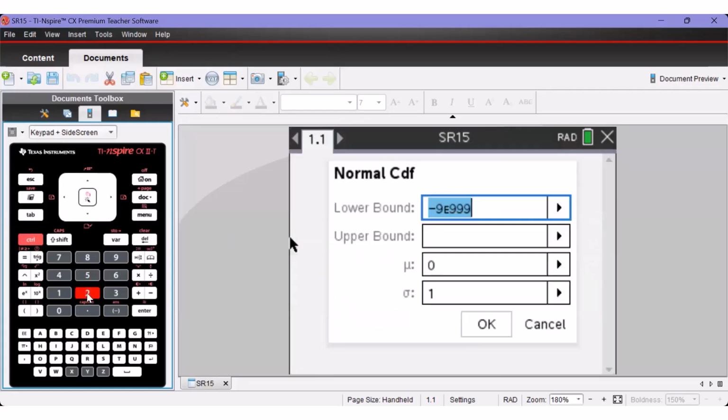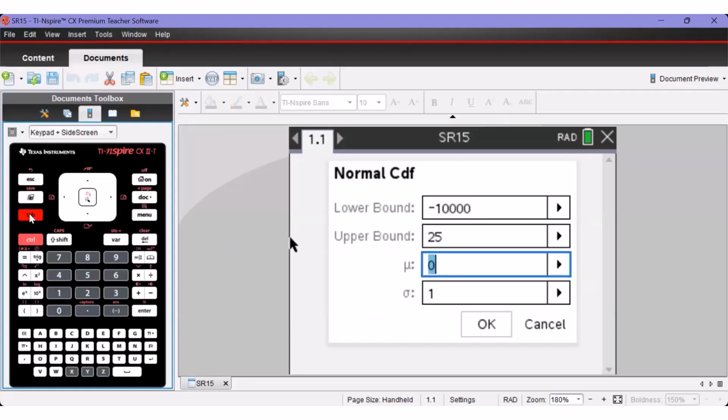And a normal CDF dialog box appears on the screen. Normally something like negative 10,000 will suffice as a very large lower bound. So let's have a lower bound of, say, negative 10,000. Press Tab. Now our upper bound is 25.